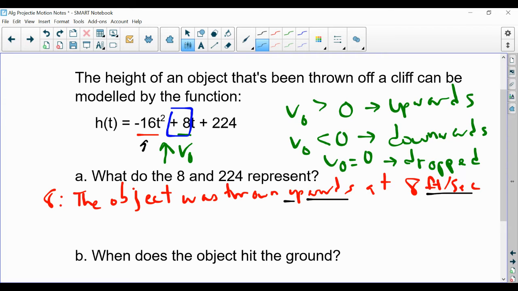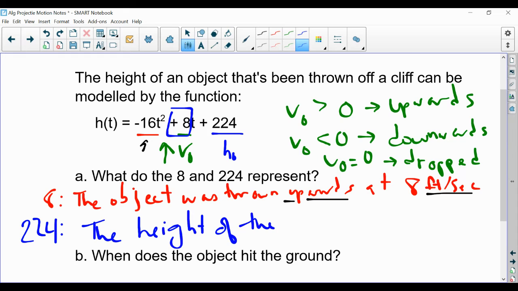Okay, the other number that they're asking about is this 224. This was our h naught. So again, if you just say the initial height is 224, I guess that's better than just saying the initial velocity was 8. But go back to the context of the question. Always try to answer things in the context of the question. We have an object that's being thrown off a cliff. So if the initial height is 224, in the context of the question, that tells me that the height of the cliff is 224 feet.